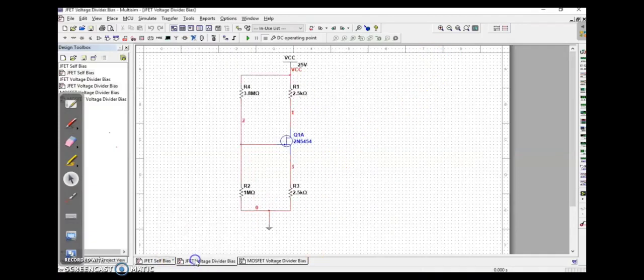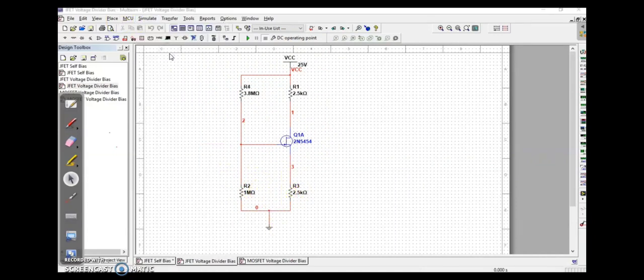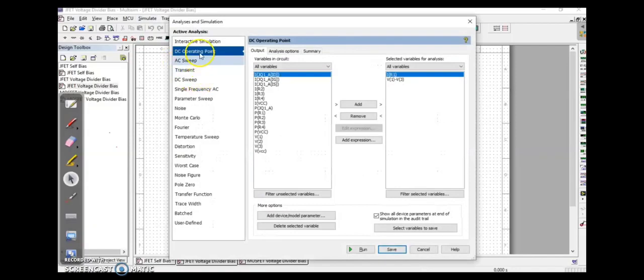And next we'll see the JFET voltage divider bias circuit diagram. We are giving VCC 25 volt, and the 4 resistances R1, R2, R3, R4, with R3 2.5 kilo ohm and R2 1 megaohm.